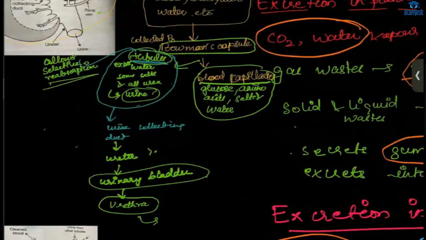Now, if the kidney is not working properly, then what will happen? Toxins will be collected in our blood and won't get removed. So what is the solution? One solution would be a kidney transplant. Kidney transplant is the best solution. We have to get a matching kidney.